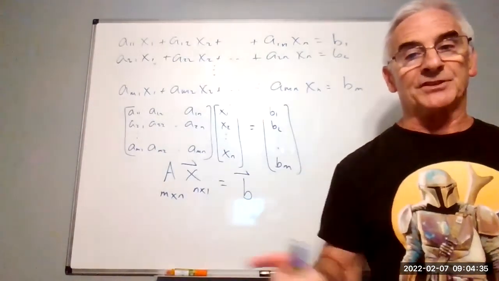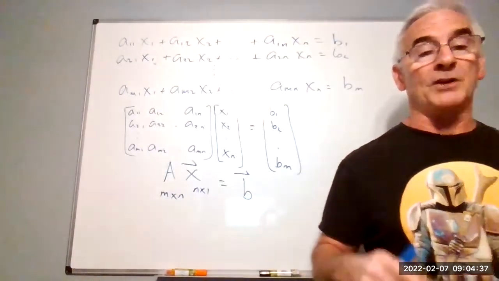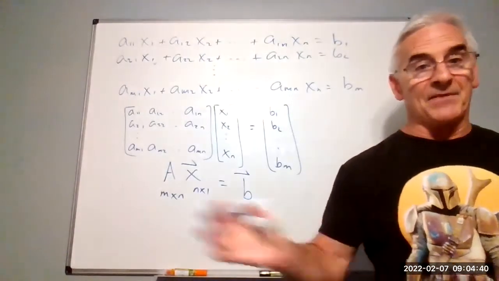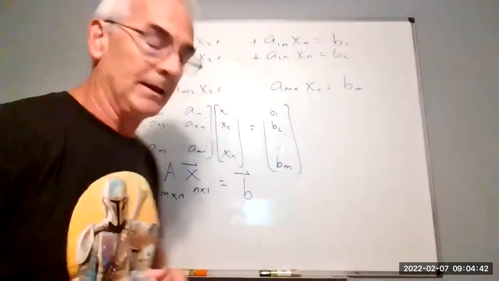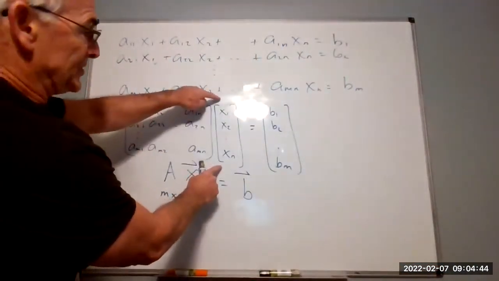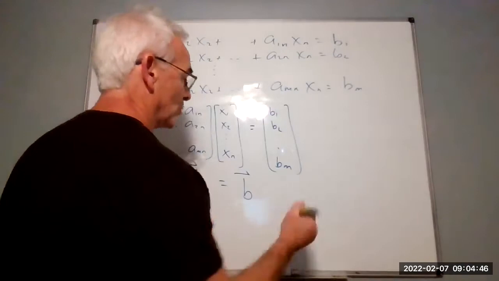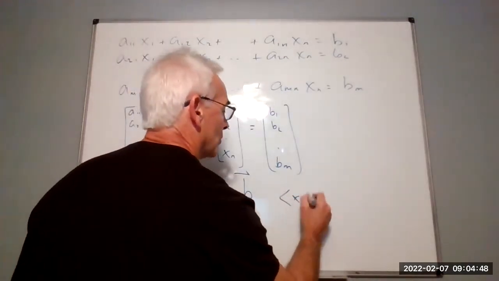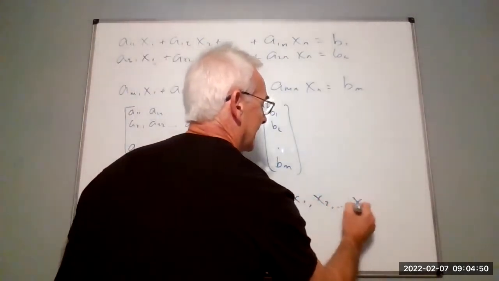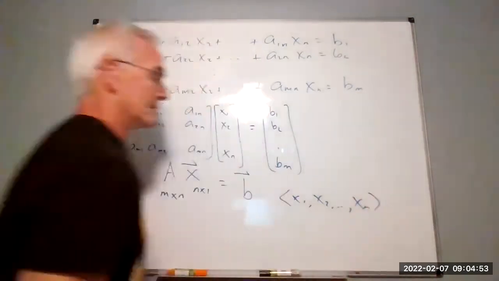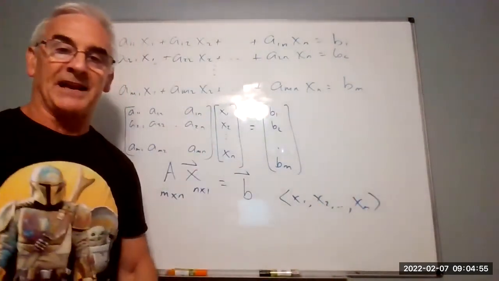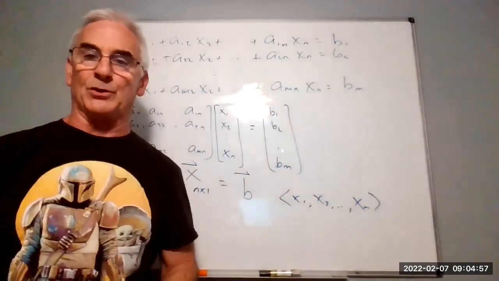But a column matrix and a vector are identical because they have the exact same properties and the multiplication works the exact same way. So this column matrix here is equivalent to vector x1, x2, ... xn. This and this are equivalent animals, and we're going to be showing this throughout the course.